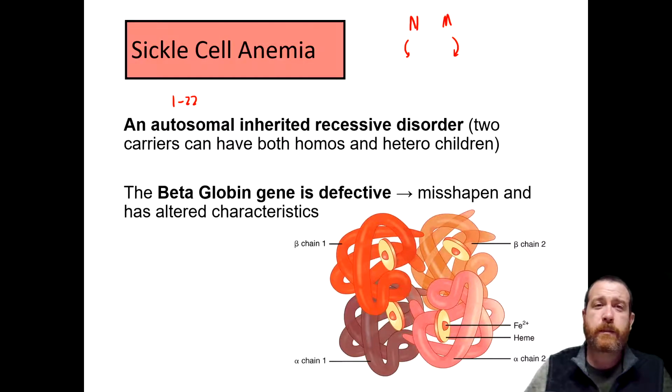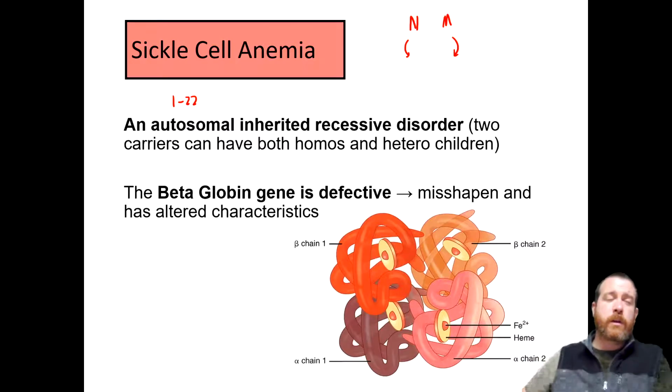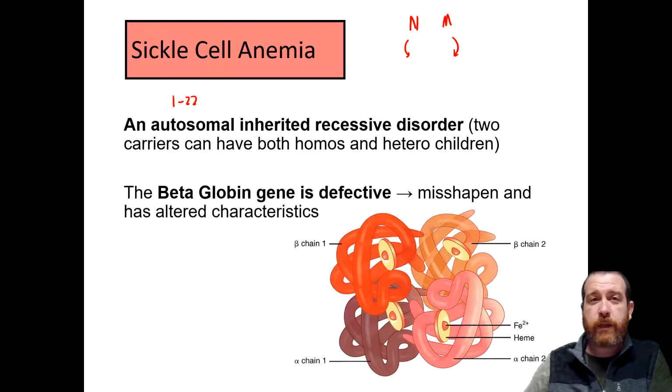So this is a pretty common carrier state. And so when you're talking about groups that have a high incidence of sickle cell anemia, knowing the carrier status of both parents can inform a little bit about what to expect with the offspring.